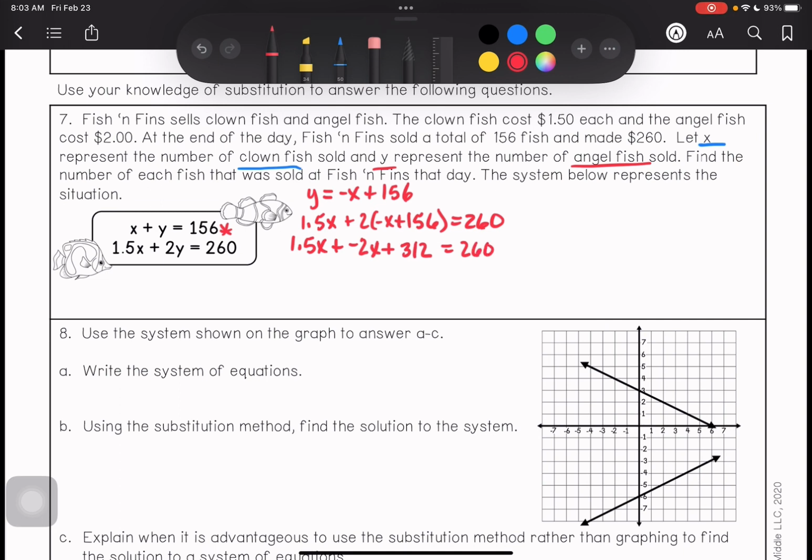When I combine like terms, this gives me negative half x plus 312, and I'm going to subtract 312 from both sides. This cancels and I'm left with negative 5/10 x equals, when I subtract that, a negative 52.